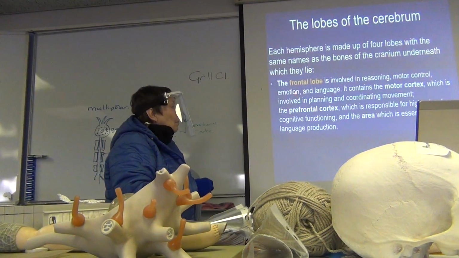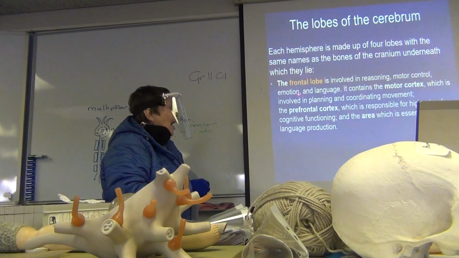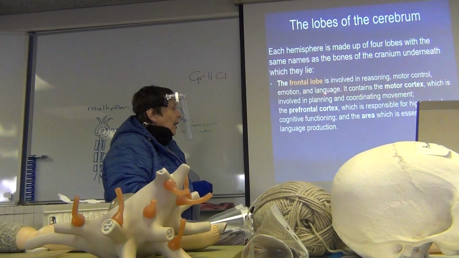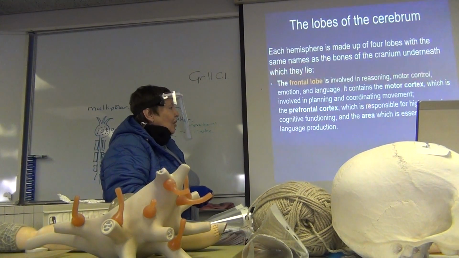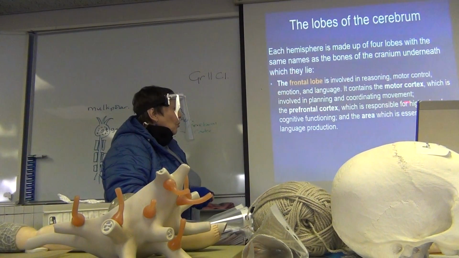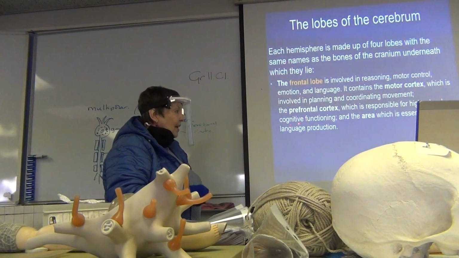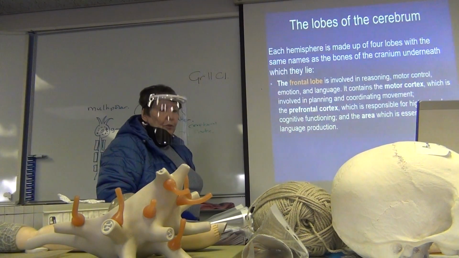Okay? Emotion, language. It's involved in planning and coordinating movement, and it is responsible for higher level cognitive functioning. That means thinking functioning. It's the area which is essential for language production.